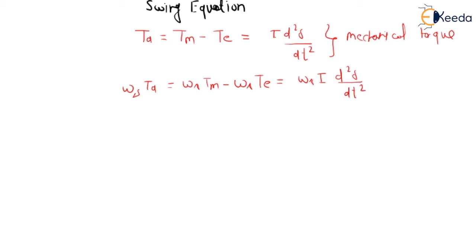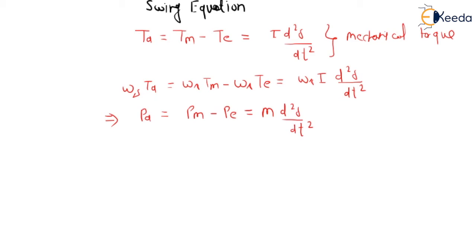Here omega s into Ta is converted to Pa, so this comes in power in the electrical domain. Pa is equal to Pm minus Pe is equal to omega s into I, which will be equal to M. M is the angular momentum. So d2 delta by dt2. I am writing here one by one.